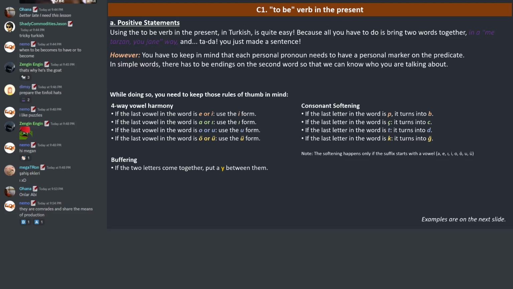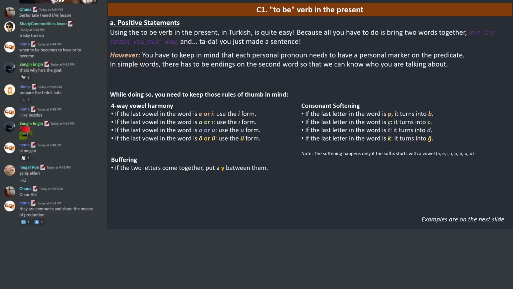Like you put two words together, ben, the pronoun, and whatever you are, like student, me, student, then that's how you make a sentence, like I, student. Like, you know, how you say, me Tarzan, you Jane, or like me this, you that. Just put things together and it becomes a sentence.